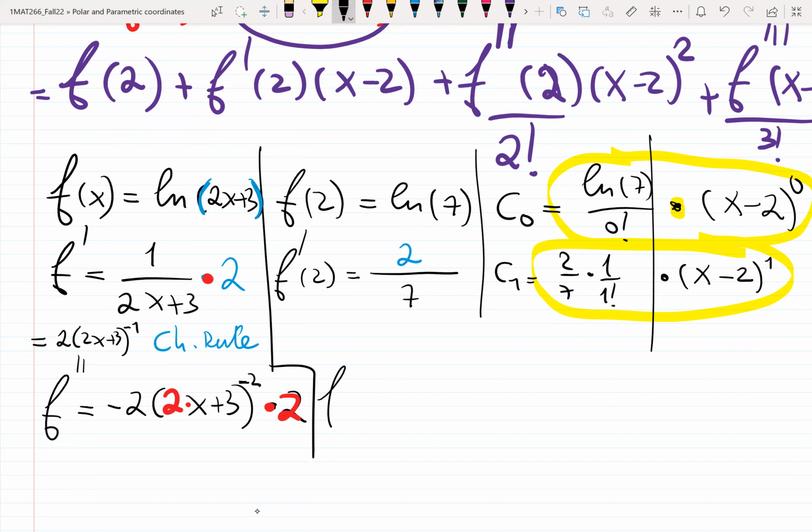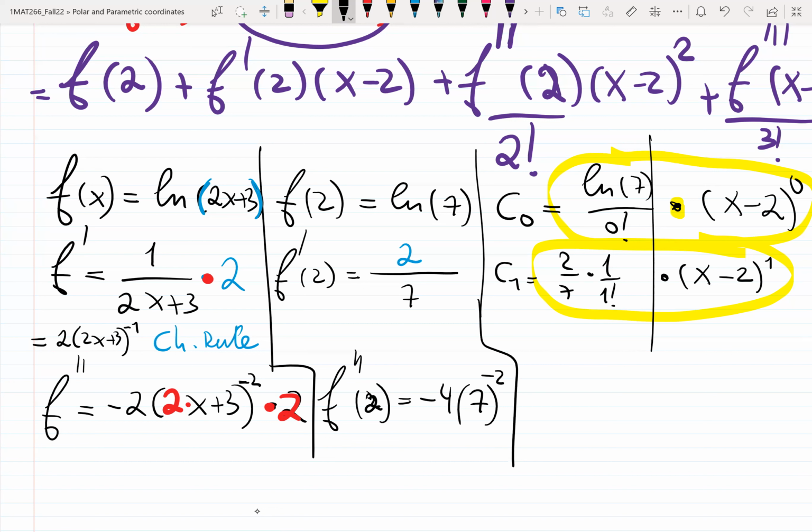Plug in 2 into the second derivative. I don't know if you want me to simplify, it doesn't matter. Minus 2 times 2 is minus 4, and 2 times 2 plus 3 is always 7 inside, so it's 7 to the minus 2. You can keep it as it is.